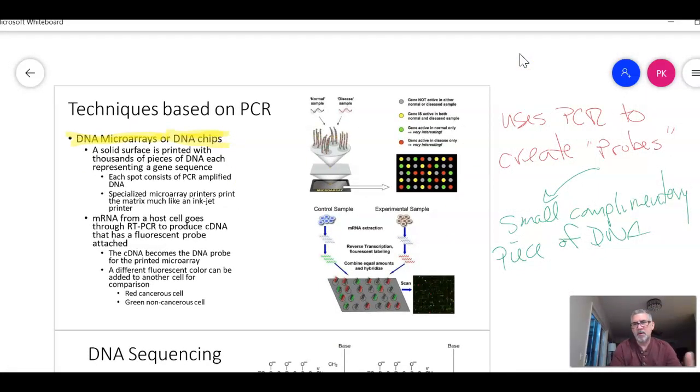So if it's complementary, it'll anneal, right? And then we take that DNA, and we take that probe, and we attach a fluorescent marker.